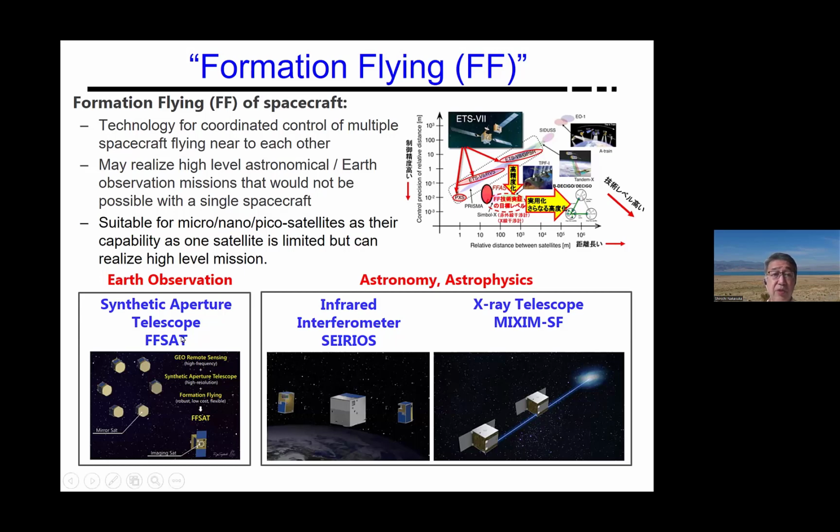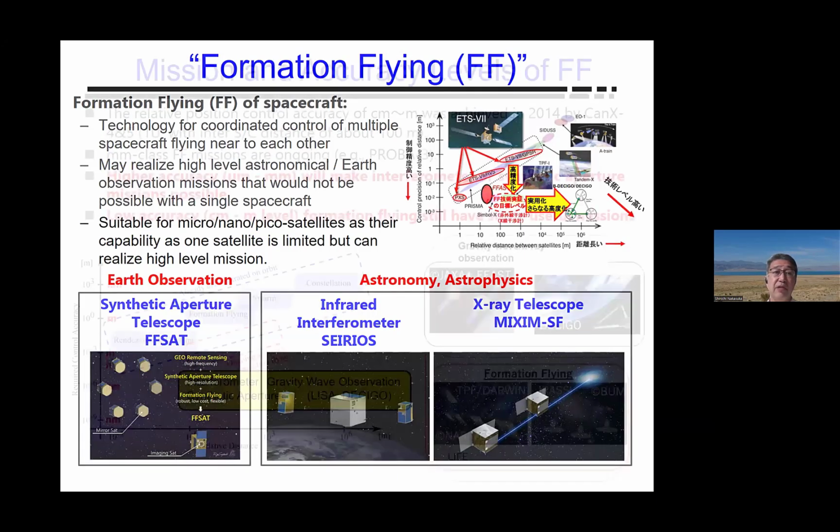Examples of missions look like this: Earth observation with several satellites, or astronomy or astrophysics observation using 3 satellites in a straight line, or 2 satellites, and so on. So this is very suitable for micro, nano, pico satellites, as their capability as one satellite is limited, but we can realize high-level missions.